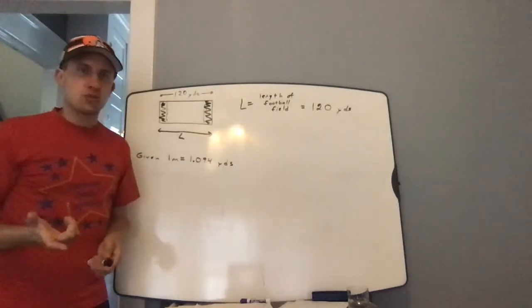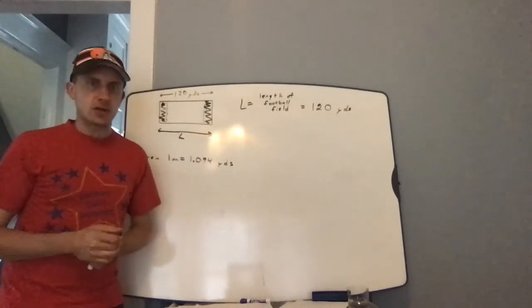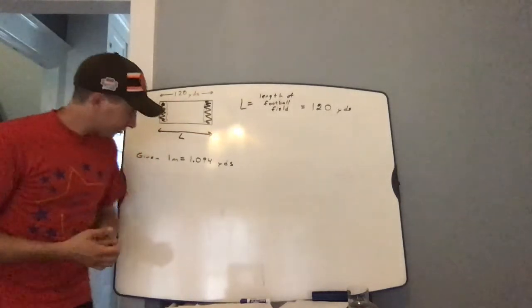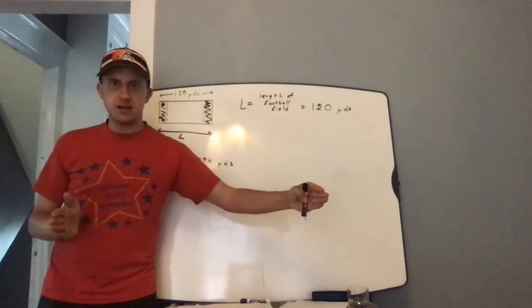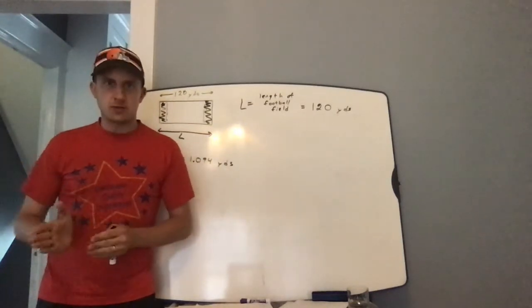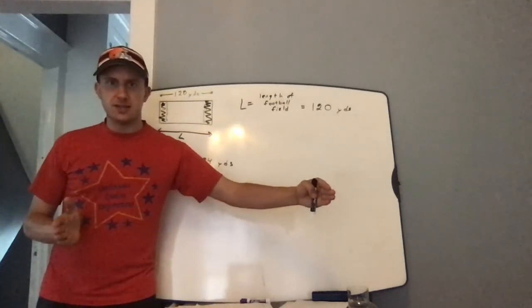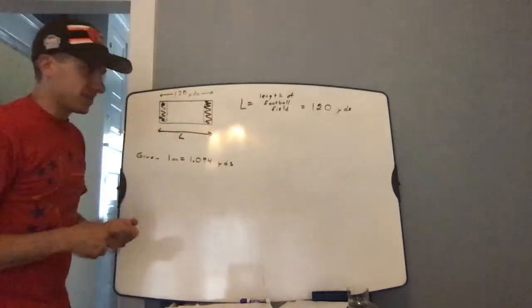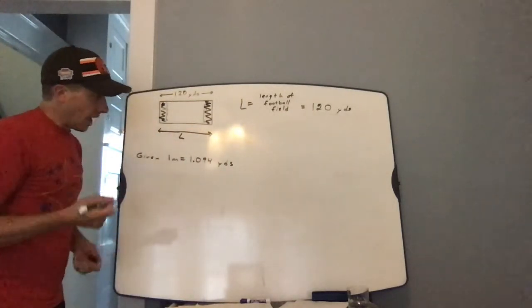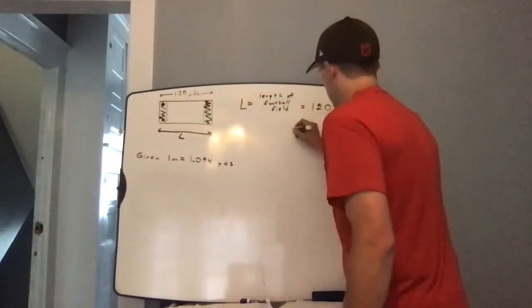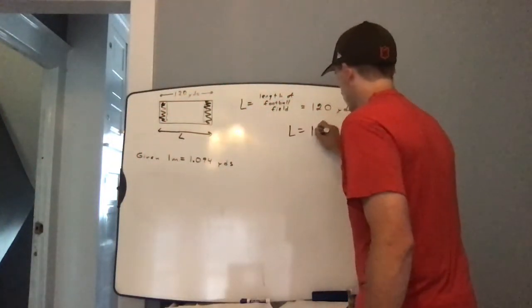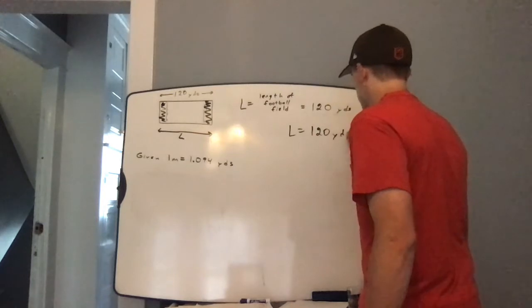They are conceptually the same thing. They are equivalent, they are equal. Similarly, 1 meter is about this long and 1.094 yards is about this long. They are the same thing. So I am going to write the length of a football field, L, is equal to 120 yards.